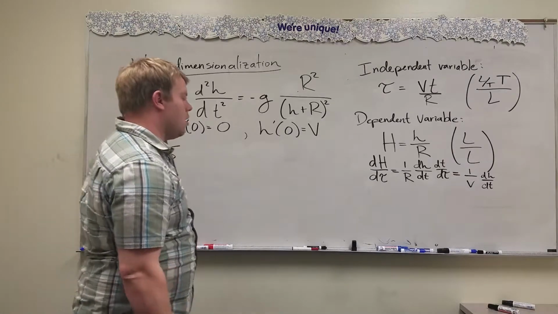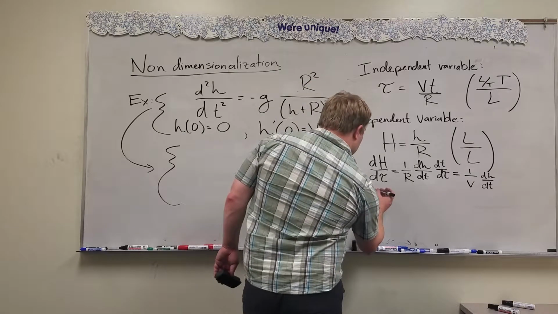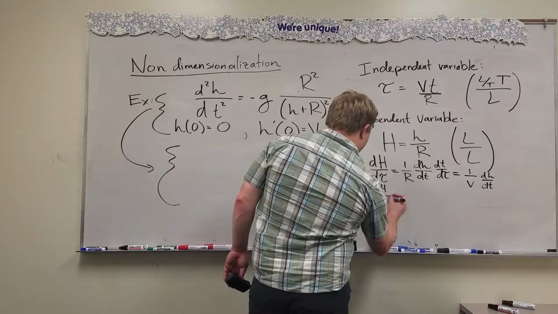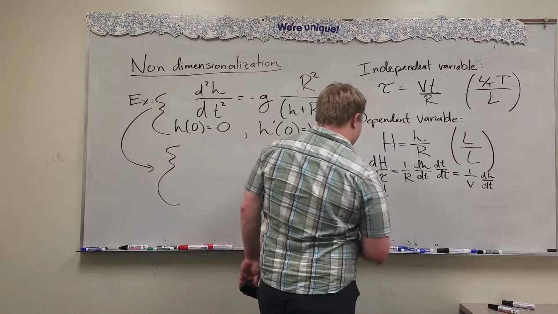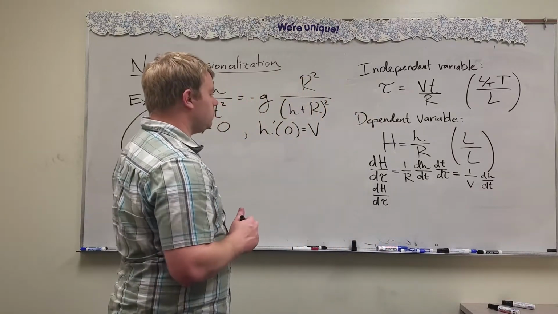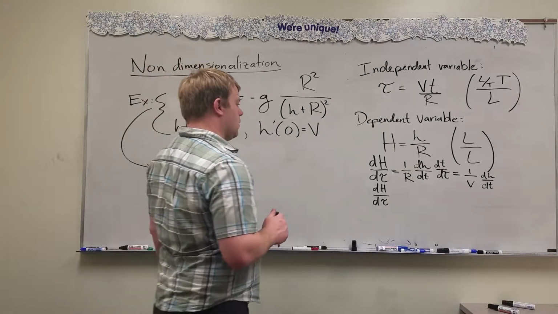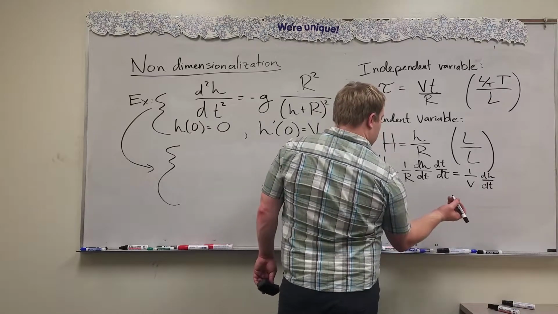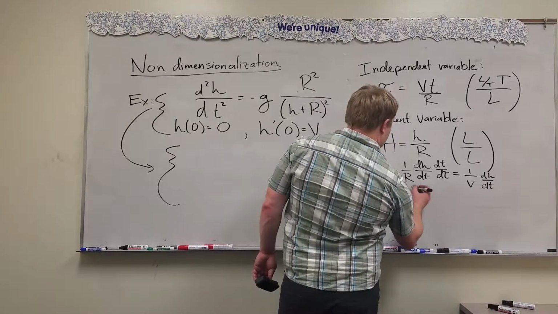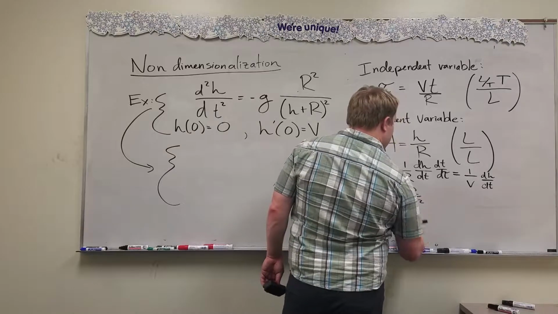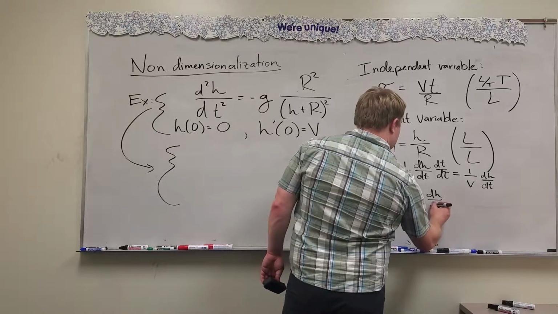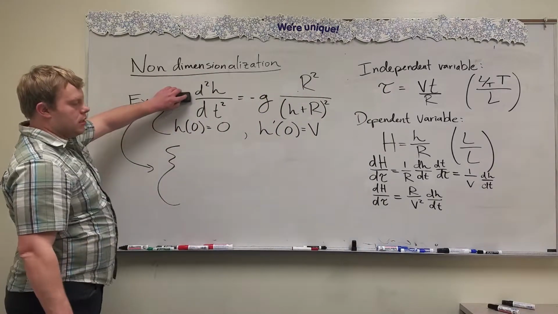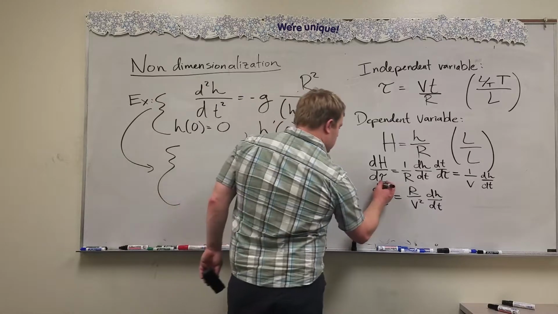And the second derivative ends up being an r over v squared dh dt. So this is the second derivative.